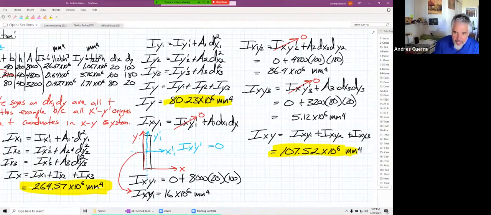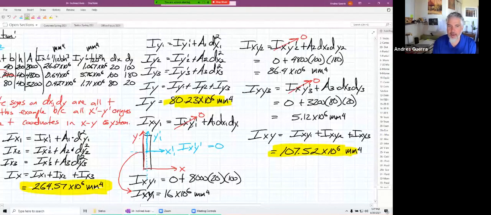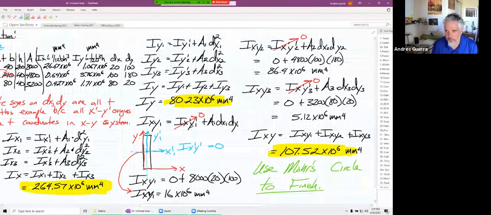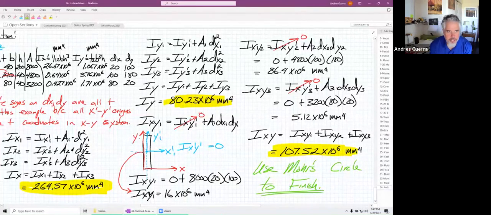What we're going to do on Monday. Any homework you have where you have to do theta p or IU, IV stuff, let's wait until Monday and we'll use Mohr circle to finish this, which is what we will spend all the time on Monday doing: finding part A, which is theta p, I max, I min, and then part B, which is IU, IV, and IUV.